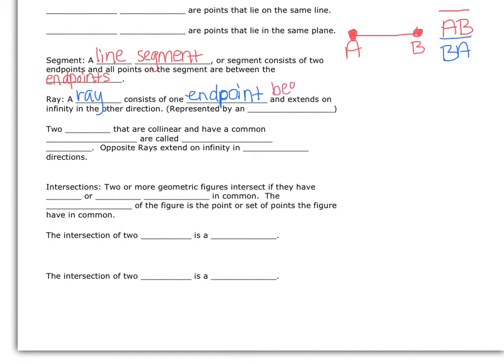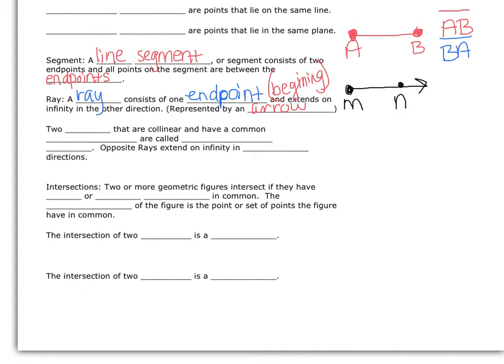So this is where the ray is going to start. And it extends on infinitely in the other direction, and infinitely in the other direction is represented by an arrow. So the way a ray is drawn is you start with the end point, and then you extend on infinitely in the other direction. And you need two letters.